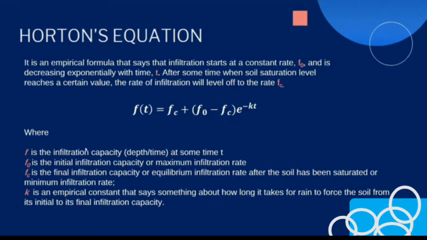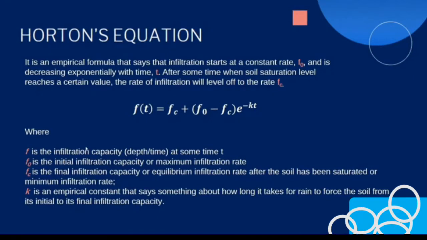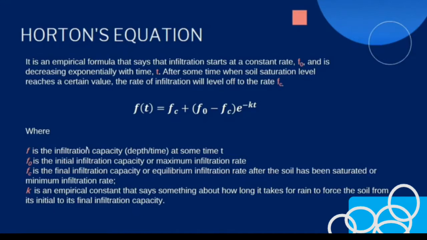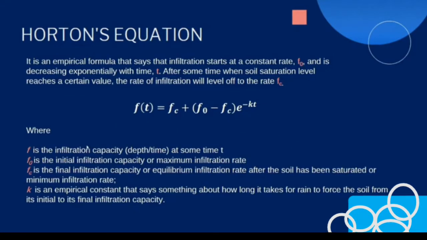So dito sa formula, ang hahanapin natin ay yung f o infiltration capacity. Ang infiltration capacity kasi ay siya yung sumusukat kung ilang inches ba ang kayang i-accommodate ng soil sa isang oras. At base nga sa formula, yung f is the infiltration capacity at some time t. So yung f sub o naman is the initial infiltration capacity or maximum infiltration rate.